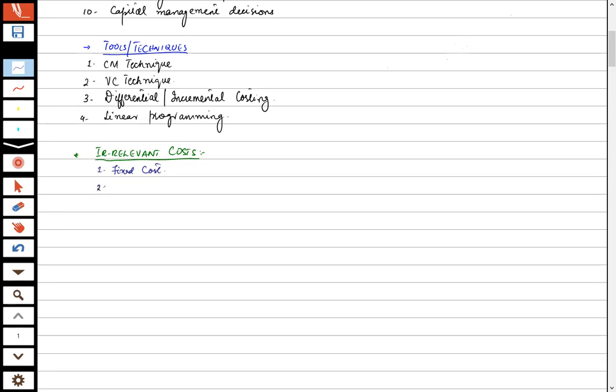Secondly, there is the sunk cost. Sunk cost means the past cost that we have incurred for any product, and it becomes irrelevant for future decision making. Sunk cost can be termed as past or historical cost.